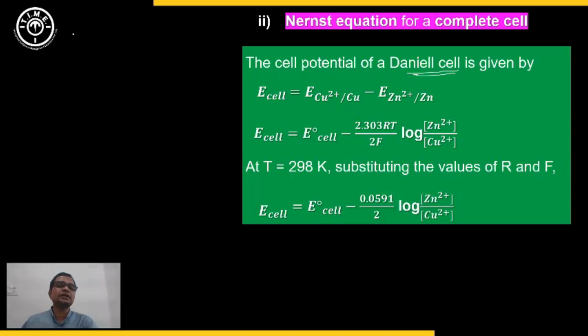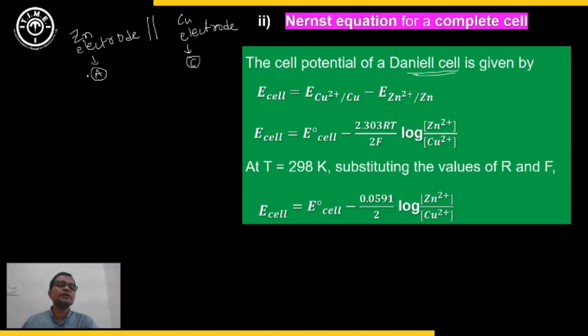Now in the Daniel cell, two electrodes are there: one is the zinc electrode, and the other one is the copper electrode. These two electrodes are separated by a salt bridge, denoted by two vertical parallel lines. Zinc electrode acts as an anode. Copper electrode acts as a cathode.